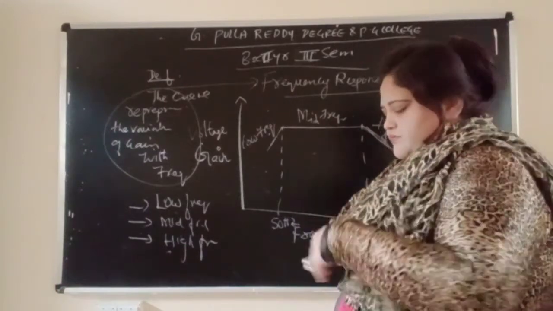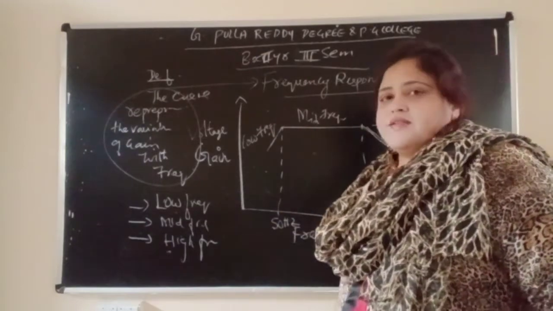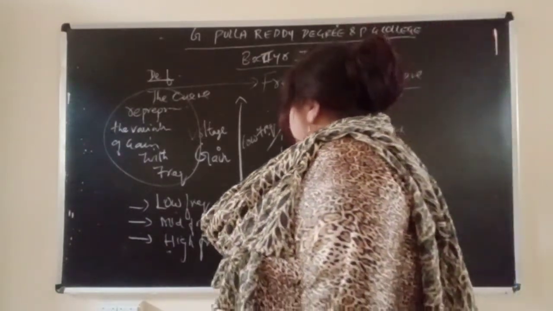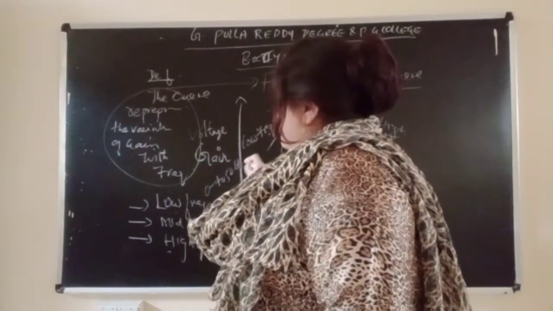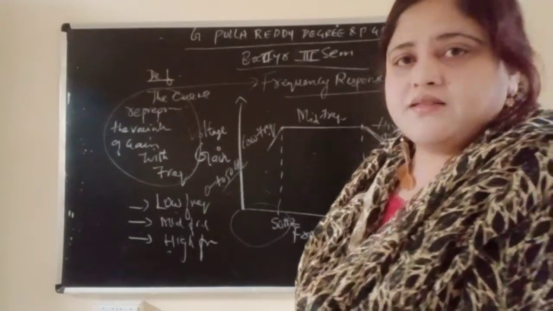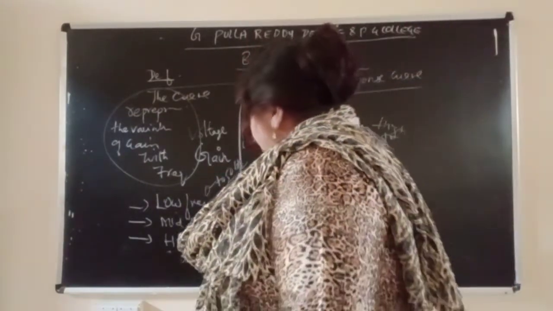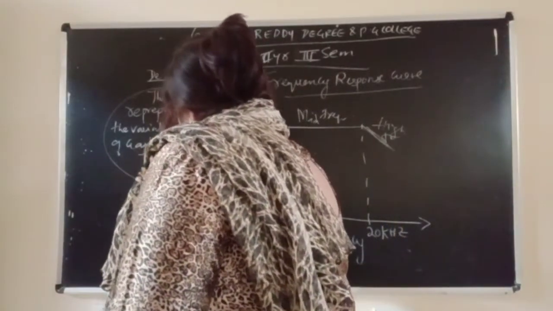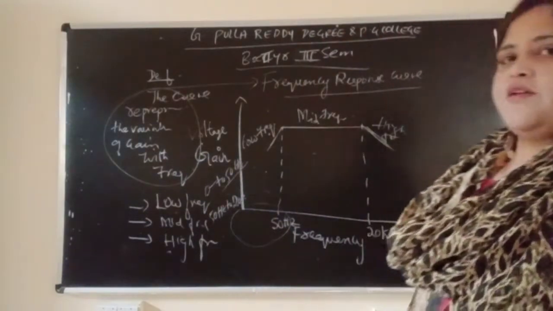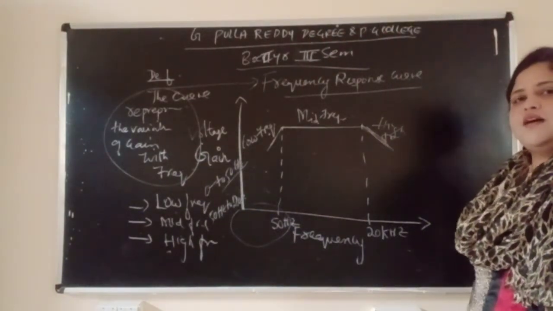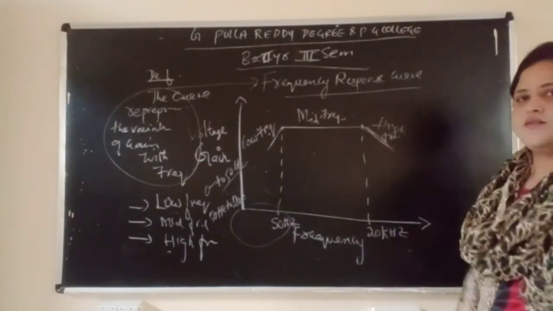Now the low frequency range is how much? 0 to 50 Hz. Mid frequency range is how much? 50 hertz to 20 kilohertz.